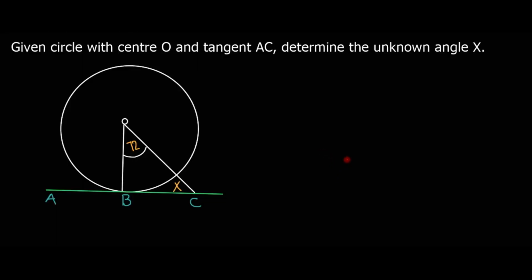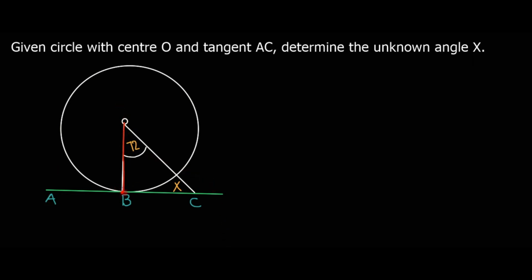And then let's do a related practice problem. This question says: given a circle with center O and tangent AC, determine the unknown angle x. So we have the center, and a line from the center that touches the tangent AC.